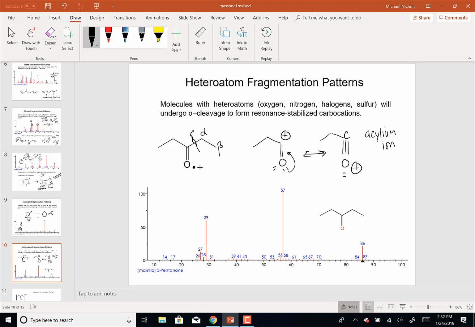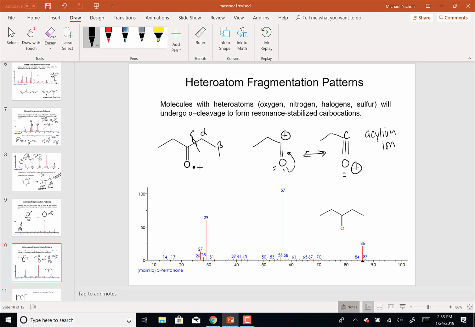So if I have this molecule, and I don't necessarily know what it is, but I do know that it's got a carbonyl in it, oh wait, how do I know there might be a carbonyl in it before I go to the mass spectrometer? IR. Right, so I might know that information before I do my mass spectrometry. If I know I've got a carbonyl in it, I'm going to be on the lookout for alpha cleavage. So I'd be looking for a carbonyl compound weighing 86.